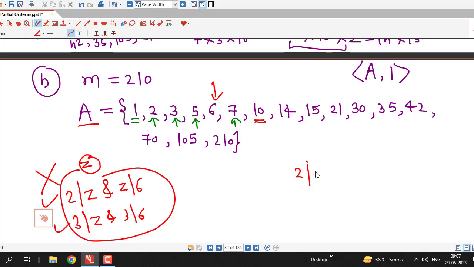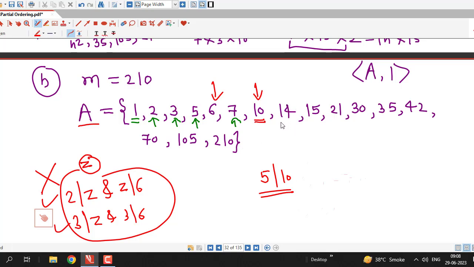So for that I require 2 divides 10. 2 is not equal to 10, and there is no z in between these two. So you can see 10 is also a cover of 2, because there is no integer in between 2 and 10. Okay, fine. So we consider 10 also as a cover of 2, and 10 will cover 5 also, because 5 divides 10 and there is no integer in between 5 and 10.